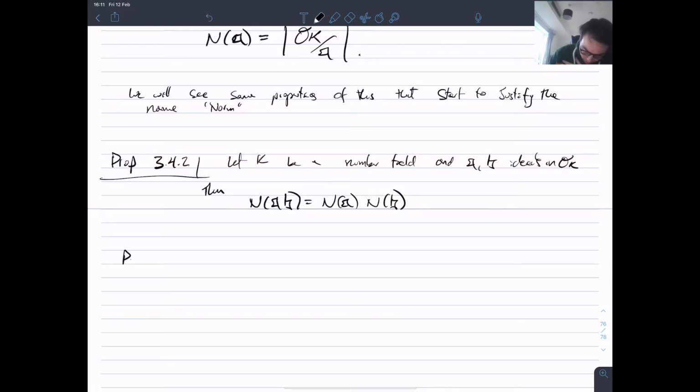So here's the proof. First note that because I can factor every ideal uniquely into prime ideals, it suffices to just check this when one of these A and B is a prime ideal.